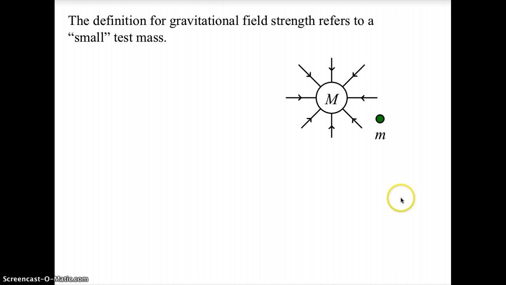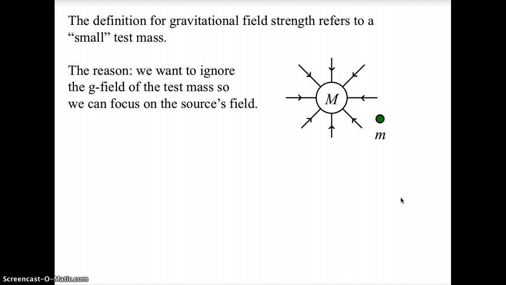You might be wondering, why does the definition for gravitational field strength refer to a small test mass? Well, in fact, we have to use a small test mass, and here's the reason why. We want the test mass's gravitational field to be negligible. Now we're putting this test mass here, but remember, every single mass in the universe has field lines.